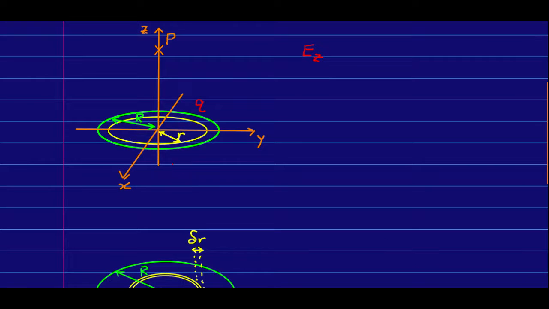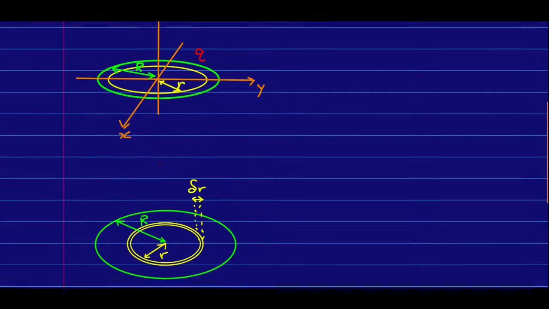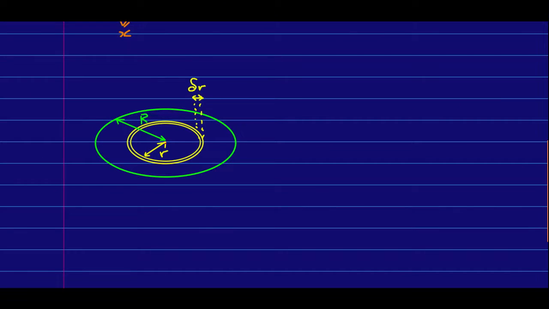So in particular, the disk has a radius capital R, but we're going to be thinking of it as made out of a bunch of concentric thin rings, each with some radius r that we're allowing to vary, and each with some very small thickness, delta r.